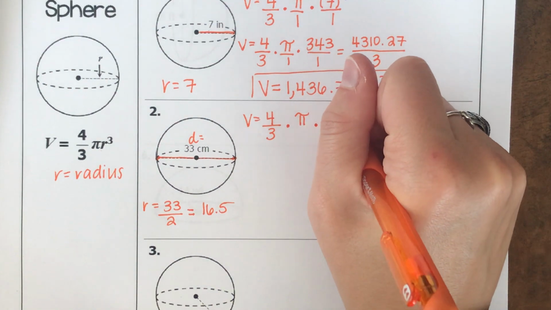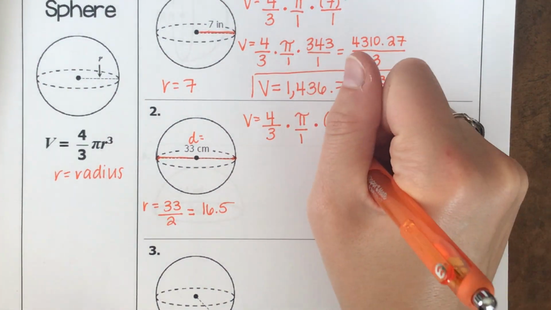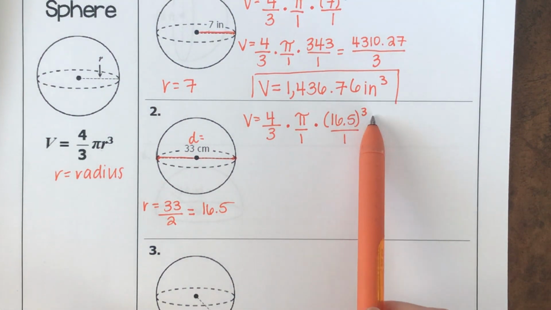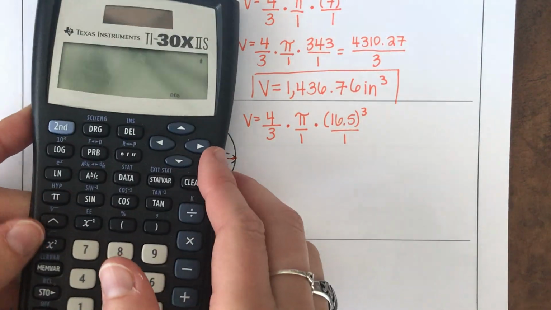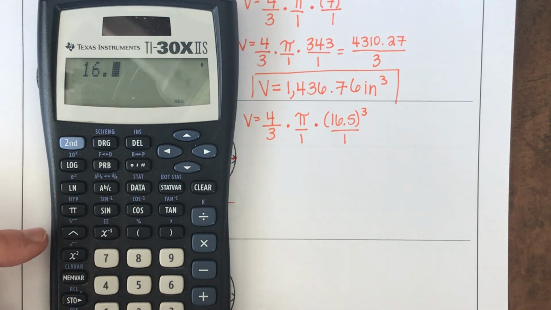So 16.5 cubed. I'm going to put them over a 1 like I did in my last problem. First thing I'm going to do is figure out what 16.5 cubed is. Again, if you don't have the cubed button, you can do 16.5 times 16.5 times 16.5, 3 times. Or if you've got a calculator like this, there's this little thing called a caret.